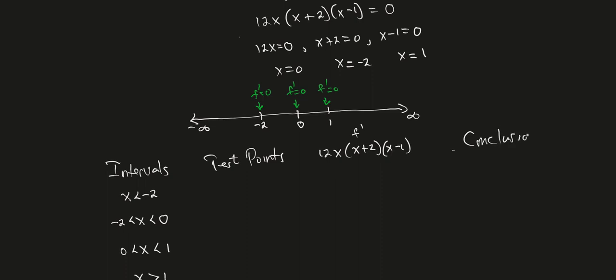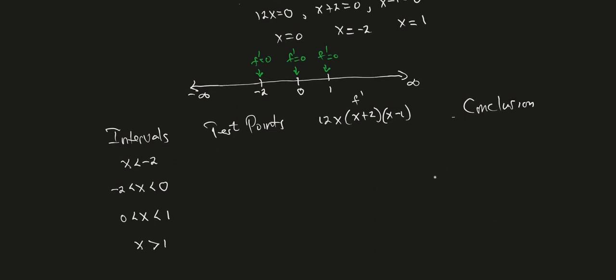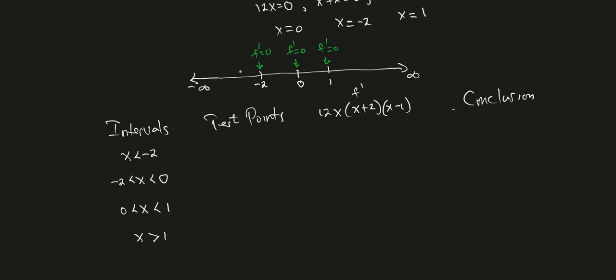And this is the important thing. All this work here is to lead us to this conclusion. So we have to present clear evidence to say, okay, because of these facts, these are the conclusions that we must come to. So let's see. I'm going to pick a number between negative infinity and negative 2. So I'm going to go for negative 3.